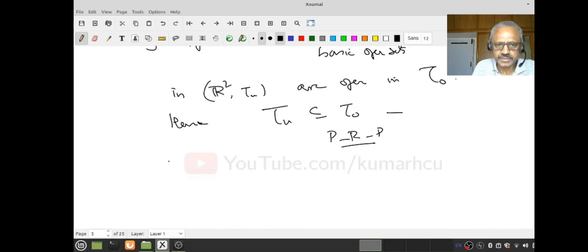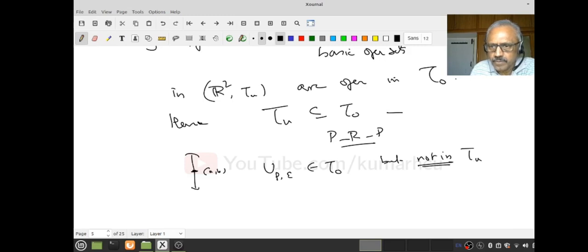But notice that this is the simplest open set, (a, b), this one. This is my U(P, epsilon). This is in tau O but not in tau U. Why is it not in tau U? Because given (a, b), the typical open neighborhoods of (a, b) in the usual topology will be either an open disk around (a, b) or an open rectangle around (a, b), and that cannot be contained in the simple vertical line.